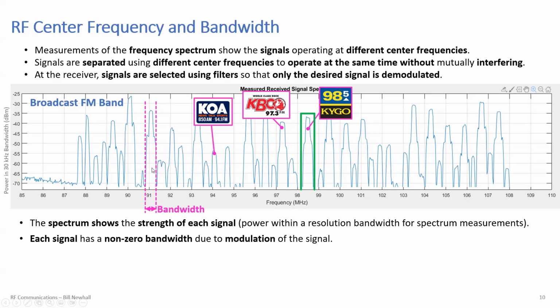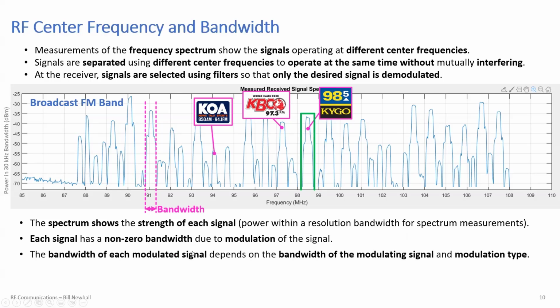It widens out. And the bandwidth of each modulated signal depends upon the bandwidth of the modulating signal, like whether it's voice or some maybe higher frequency signal, and the modulation type. Is it AM? Is it FM? And some parameters that go along with those modulation types, like modulation indices.